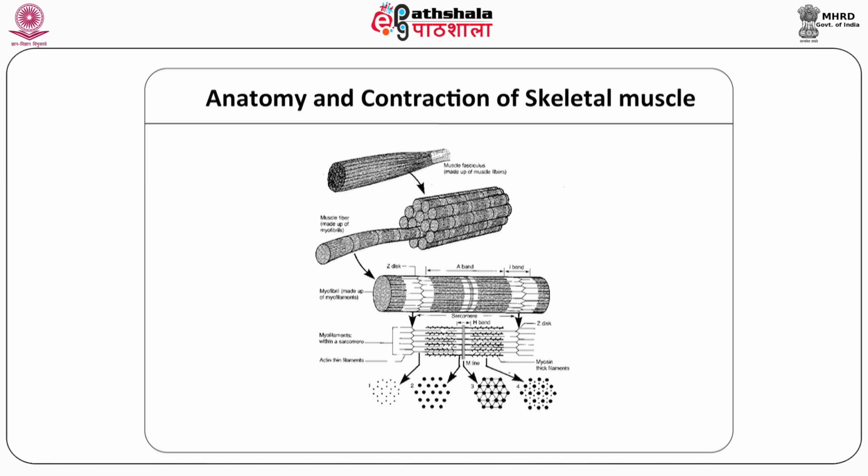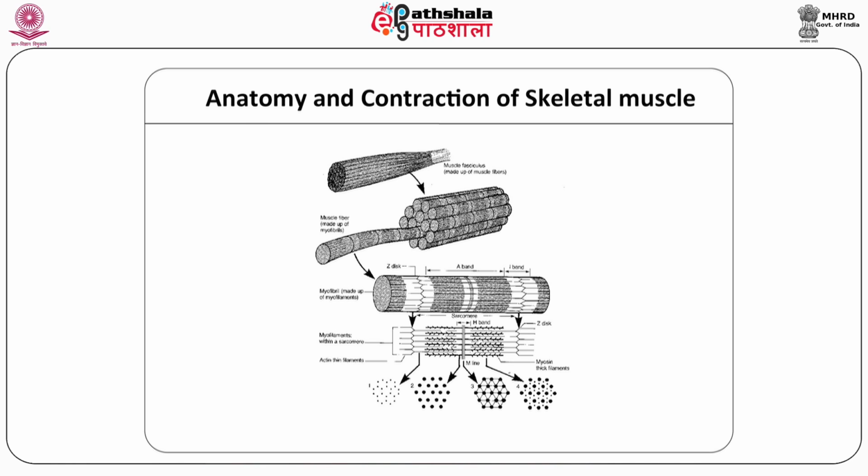It gives a striped appearance under the light microscope. Each myofibril consists of a thick filament, otherwise myosin, and a thin filament, that is actin. It is the interaction between these two filaments which brings out the contraction of the muscle in a coordinated fashion. Now, figure 1 shows the diagram.